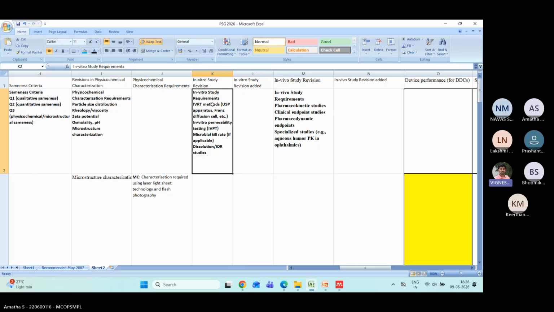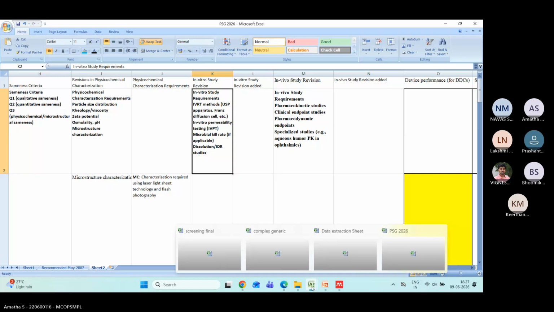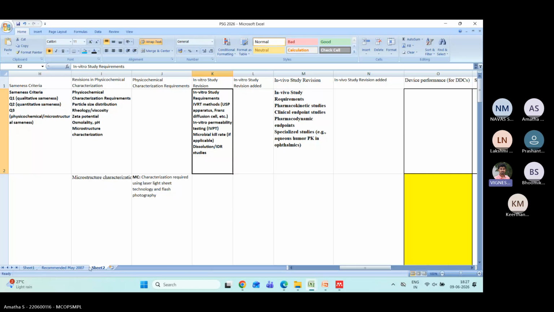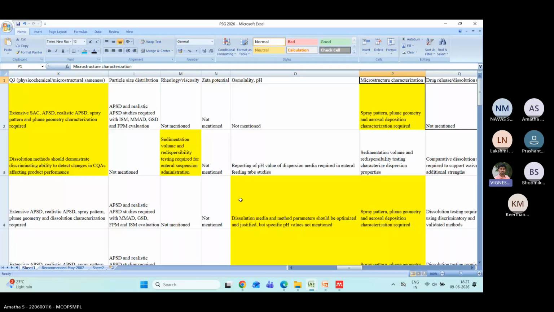This is for systematic review what I have shown you. In case of scoping review, I have shown you. In case of systematic review, it is the same: what are the studies, how much is the data, what is the percentage they have acquired, all this will come.